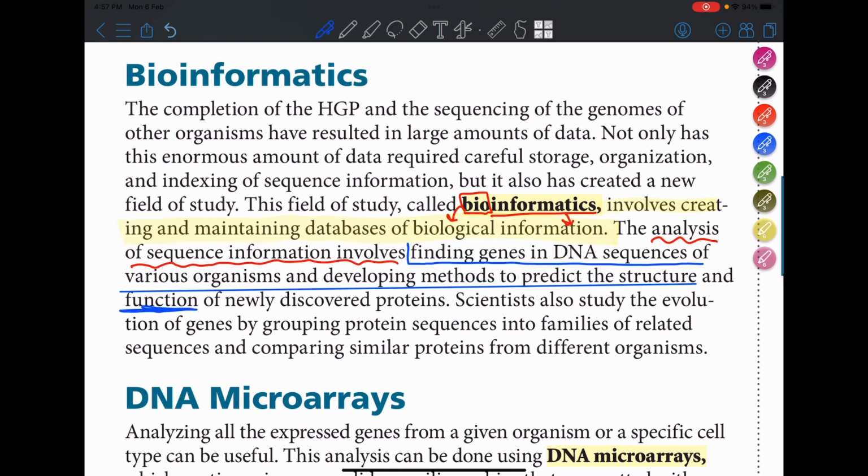of newly discovered proteins. Let's read that again.